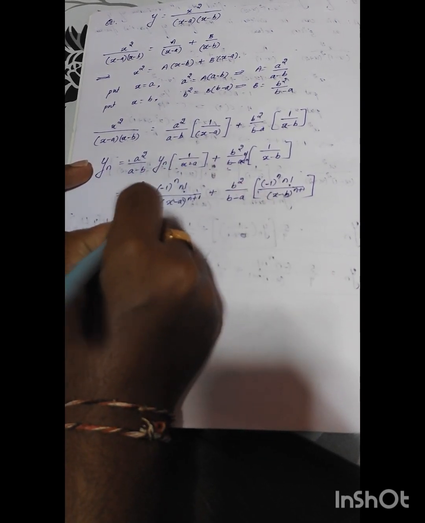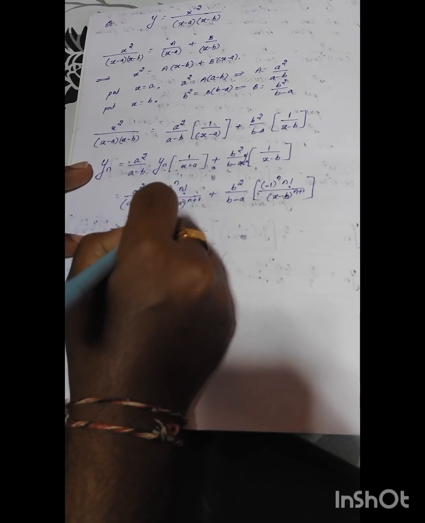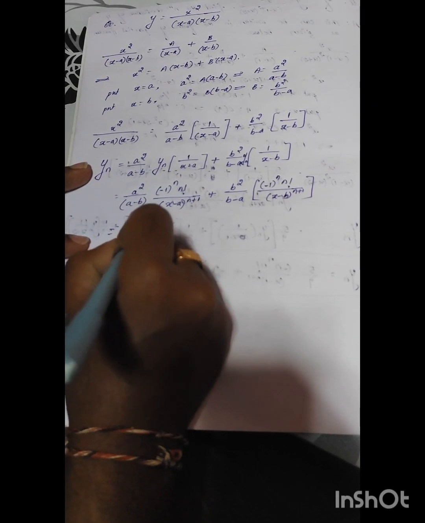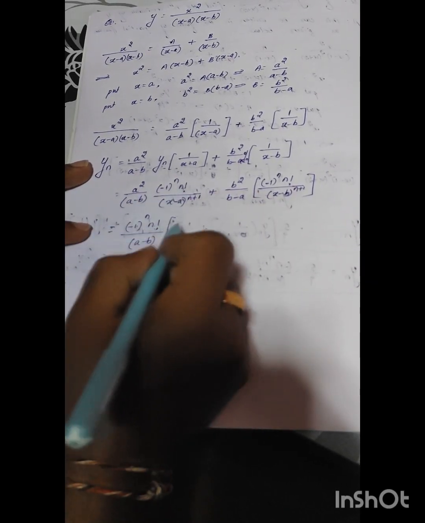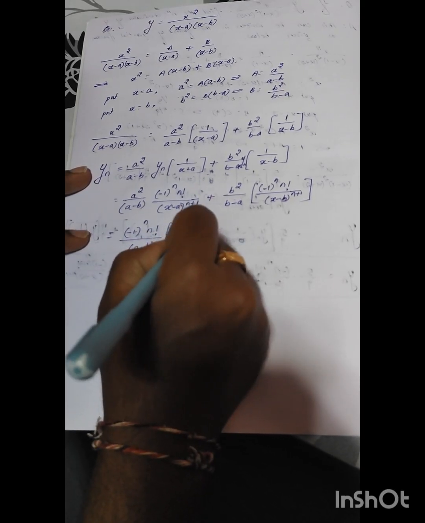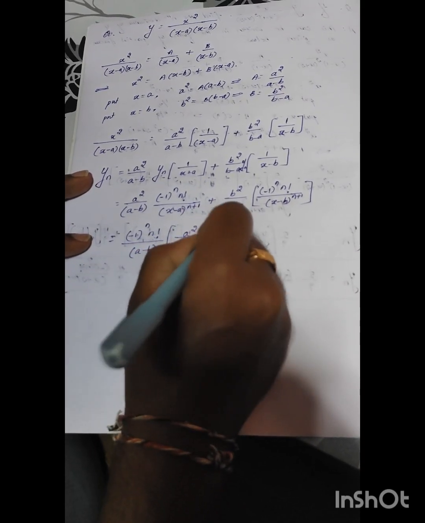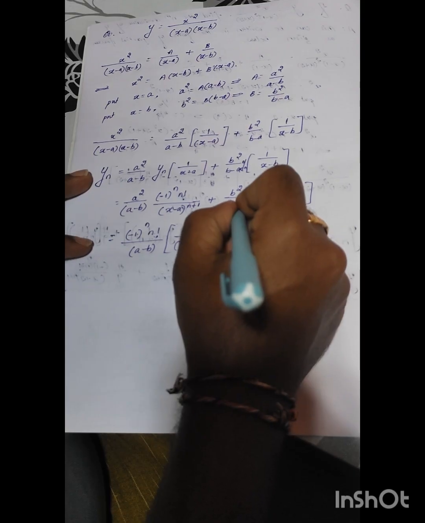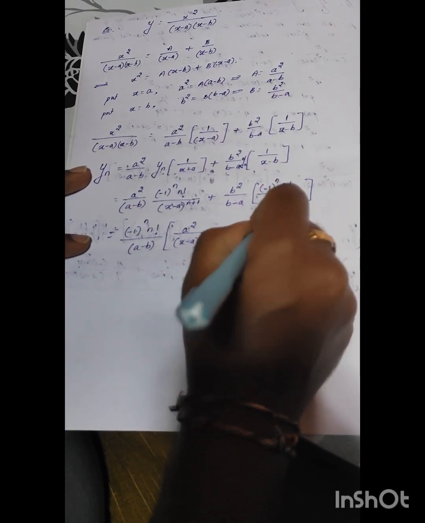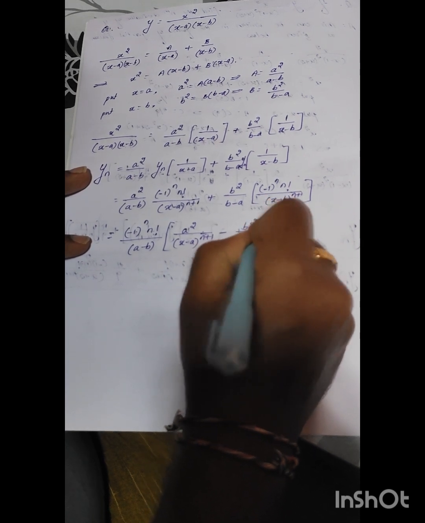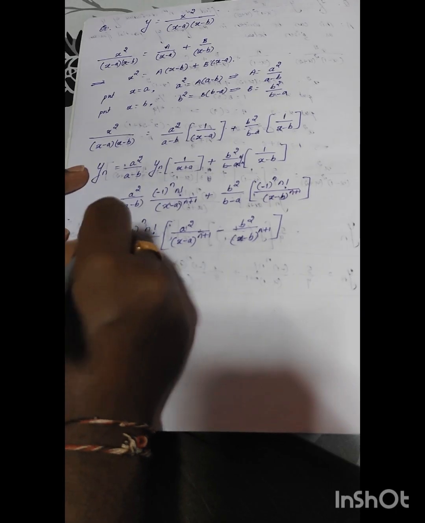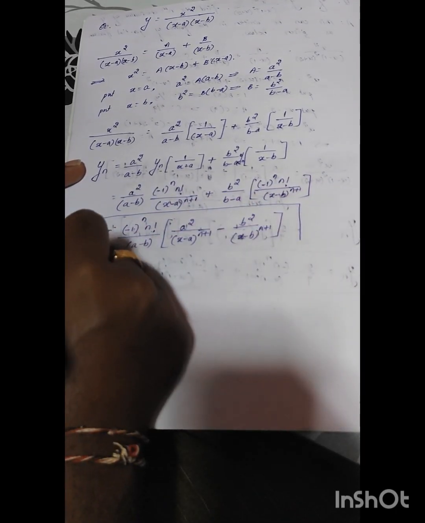So we get minus 1 raised to n factorial divided by a minus b, and what remains is a square divided by x minus a raised to n plus 1. Here b minus a was there, and I have taken a minus b outside, so this term will become minus b square divided by x minus b raised to n plus 1, which is the required nth derivative of the given function.